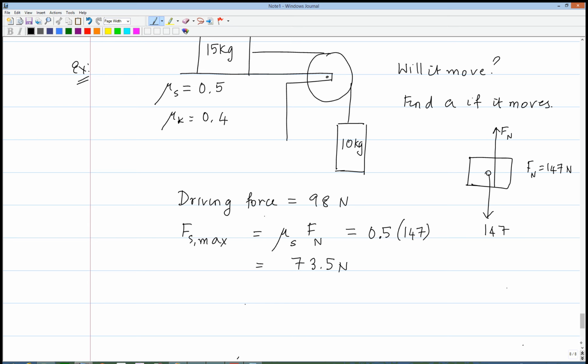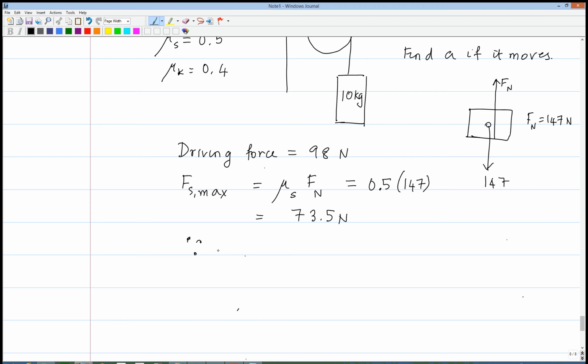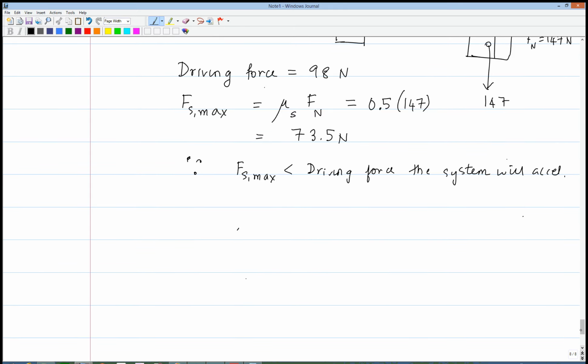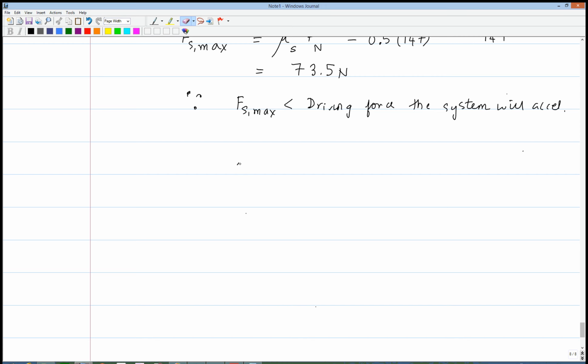So since the driving force is greater than Fs max, that is, Fs max is less than the driving force, we realize that the system will move. The system will accelerate. Now we need to make sure that the force of friction we use is going to be the force of kinetic friction. So let's draw the free body diagram for the two blocks.